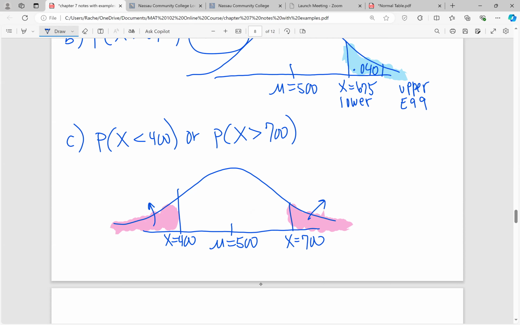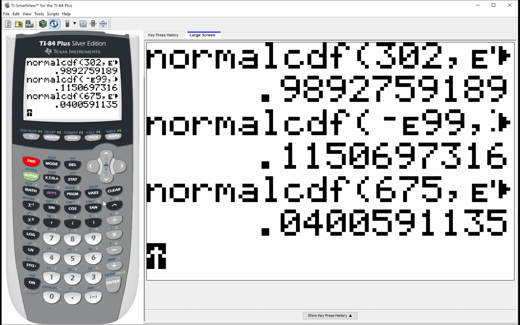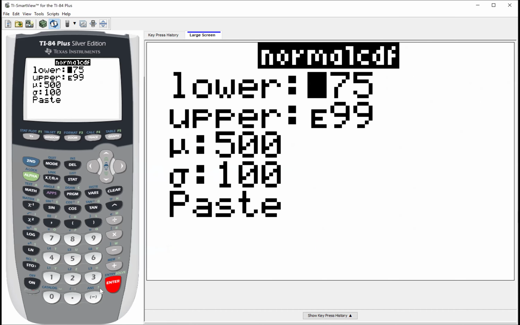So let's find the area on the left first. My lower is going to be negative E99 because we're coming in from the left. And my upper would be 400. So let's do that side first. I'm going to pull up normal CDF. I'm coming in from negative E99.